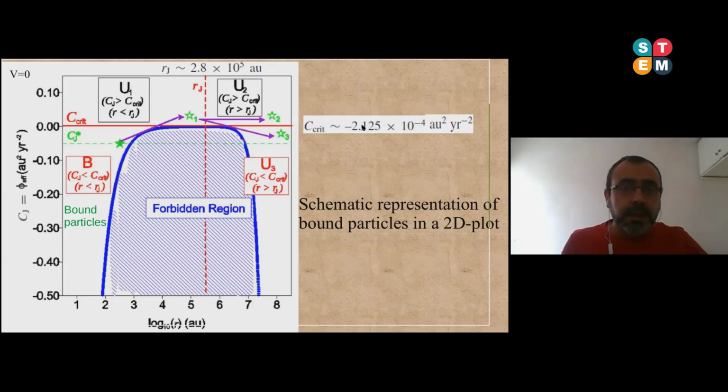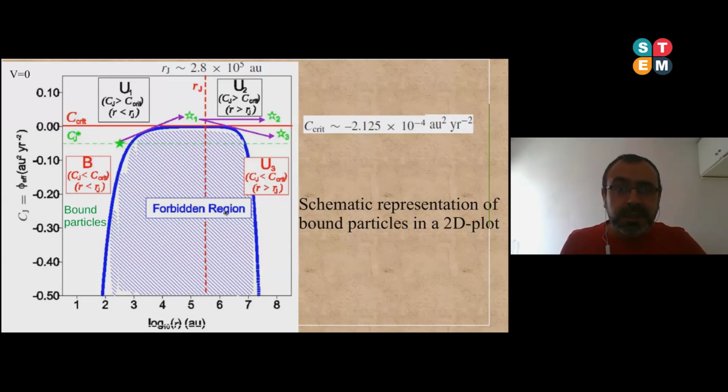Below the critical value, the forbidden region starts close to this value of heliocentric distance, which is the Jacobi radius, which for the solar system has this value here. And these two quantities, the Jacobi radius and the critical value, allow us to define four regions, the regions U1, U2, and U3.